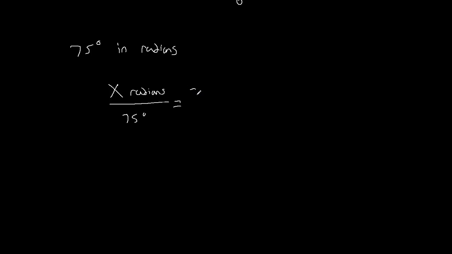That's the same as saying 2 pi radians is equal to 360 degrees, right? I'm just using those same proportions. So now we again multiply both sides by 75. So x equals 75 times 2 pi over 360.